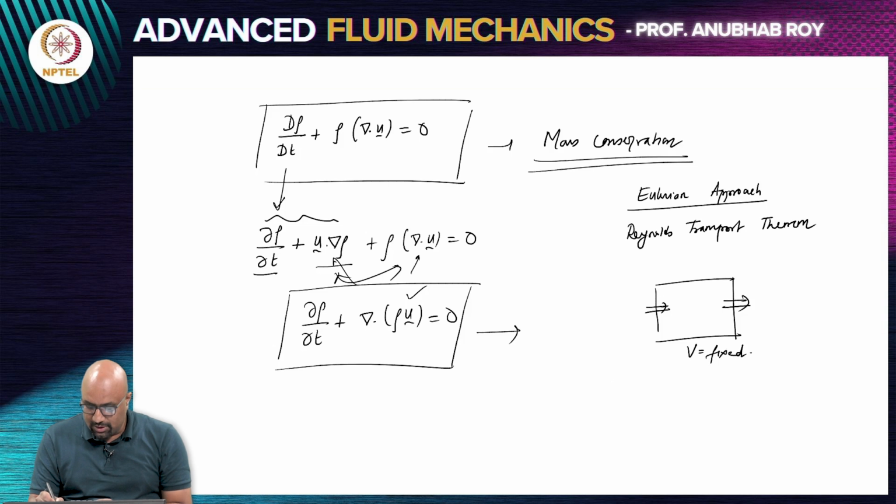So, the Reynolds Transport Theorem tells us that the rate of change of mass inside that control volume is balanced by the amount of stuff that leaks in.